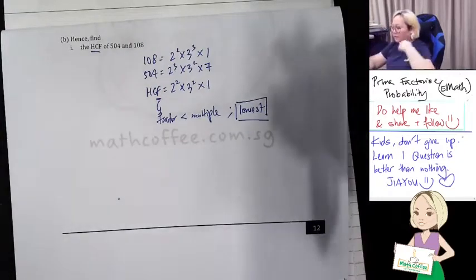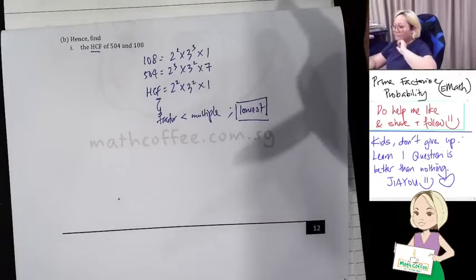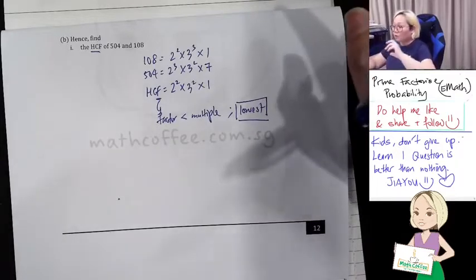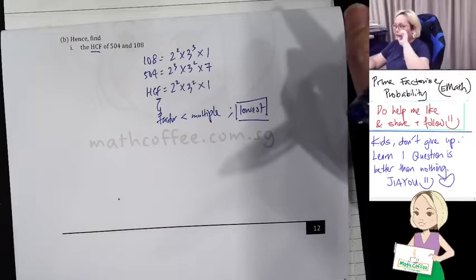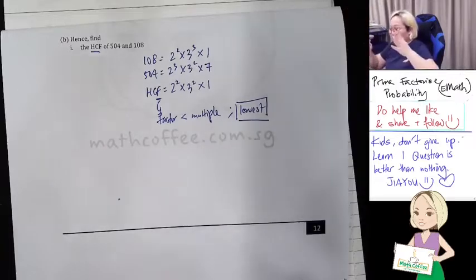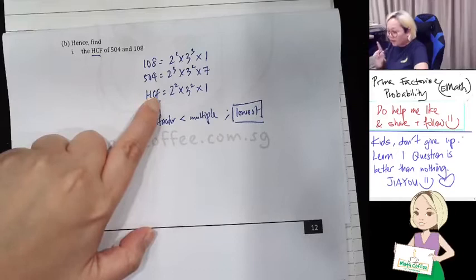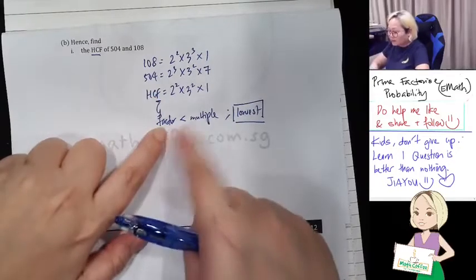No, the way you memorize is quite like memorizing without any logical explanation. It's like you memorize highest means lower, lowest means highest. It's like no logic. You understand? But over here, you know that they ask for factor, highest common factor. Factor is smaller than multiple.